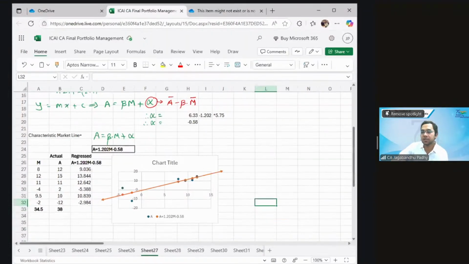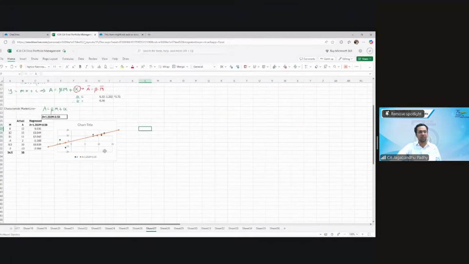So you can see very clearly that in this chart, the blue dots are your actual return of Y, whereas the orange dots are the estimated return of Y. What conclusions or inferences can you draw from this diagram, guys?